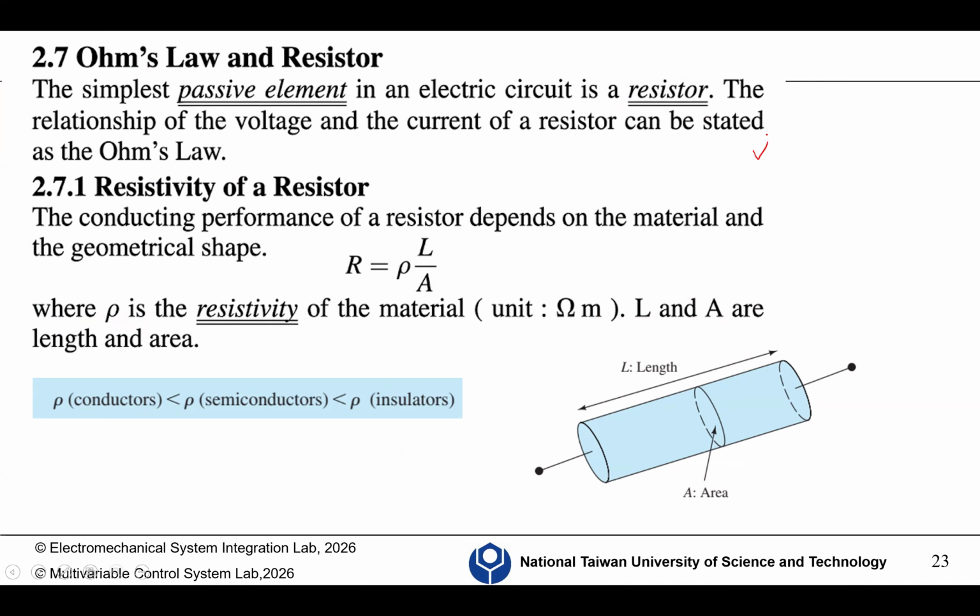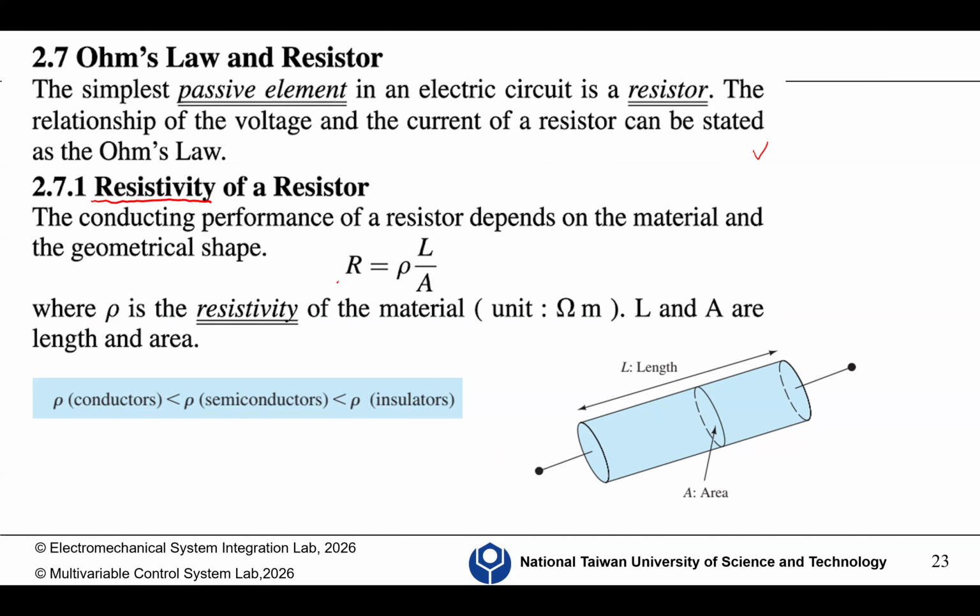In these slides, I want to talk about the resistivity of a resistor. The conducting performance of a resistor depends on, first, the material it is made of, and second, the geometric shape of the resistor.